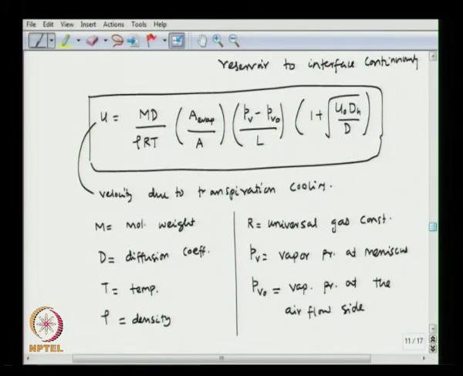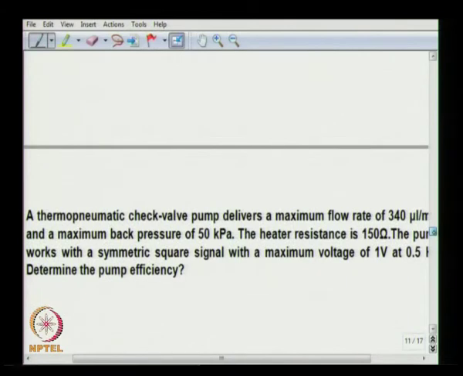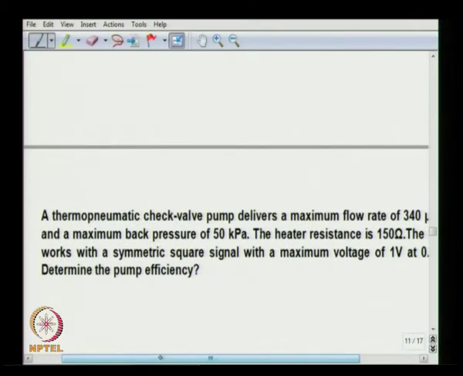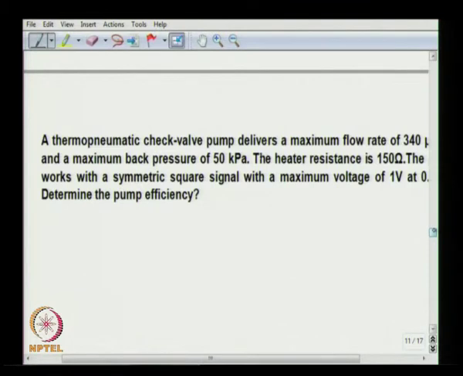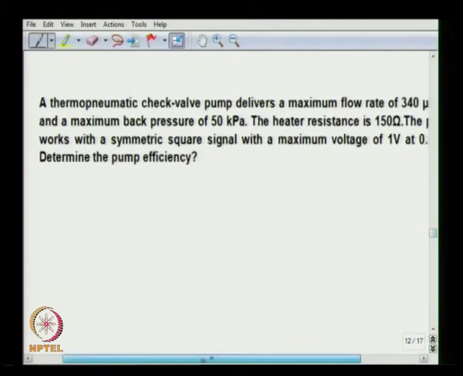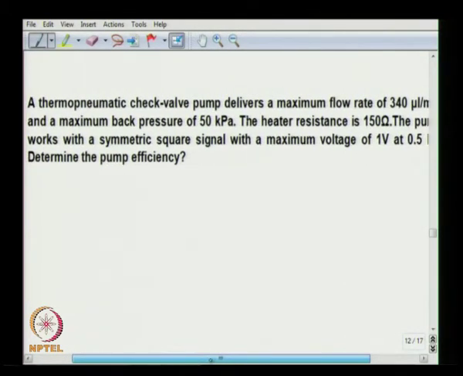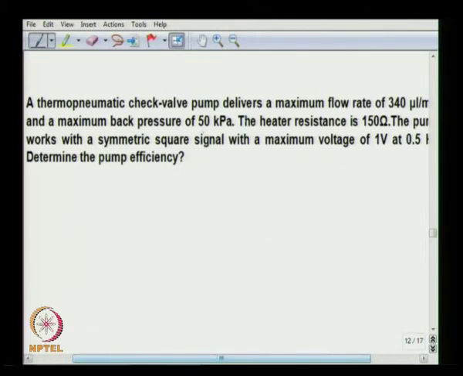So, that finishes our discussion on the transpiration cooling based micro pump. Now, let us consider few examples. This is the first example we would consider. We have a thermopneumatic check valve pump that delivers a maximum flow rate of 340 microliter per minute and a maximum back pressure of 50 kilopascal.